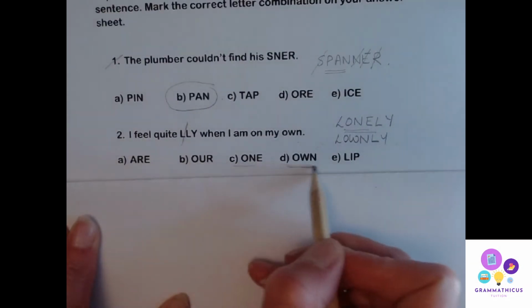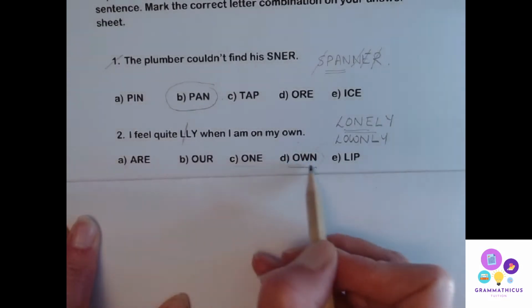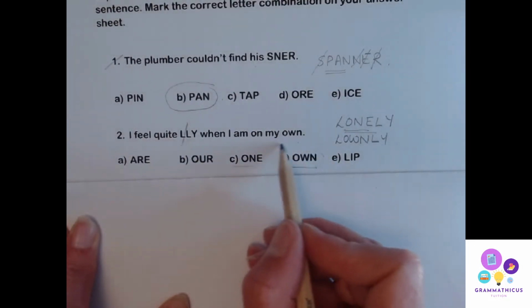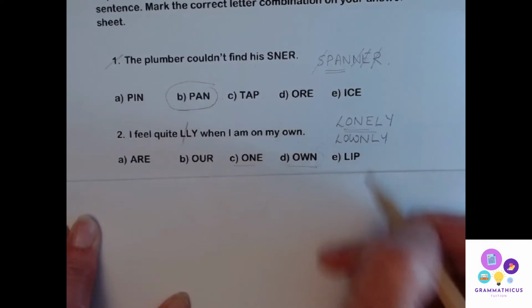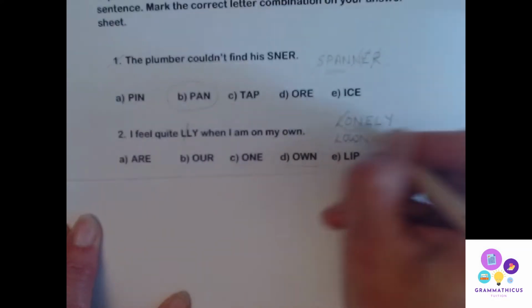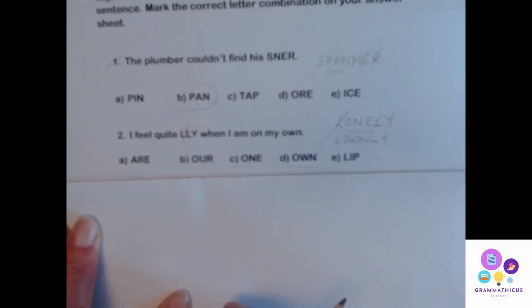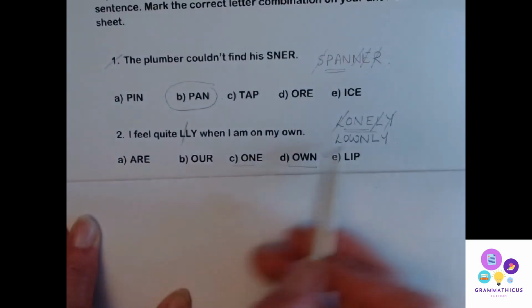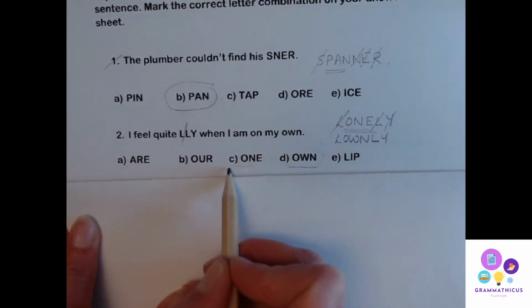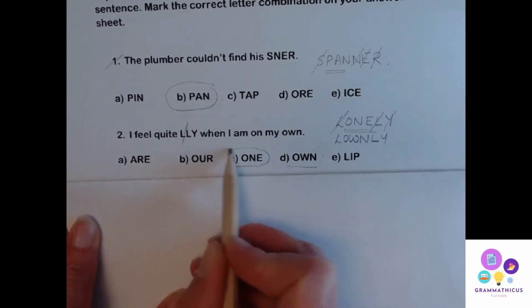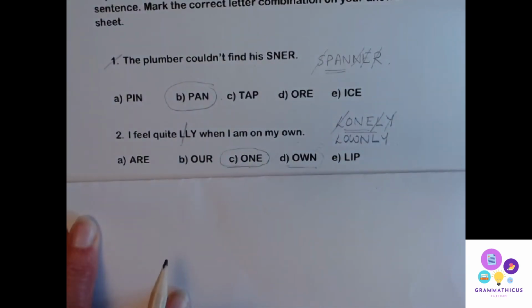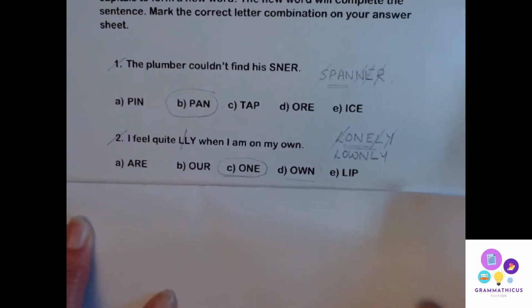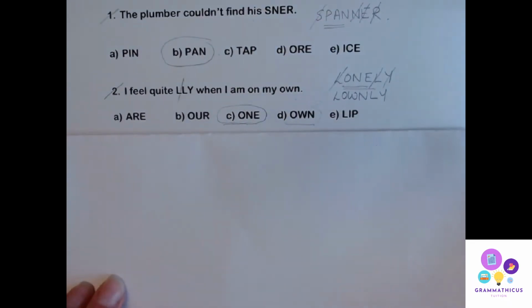Because we can see the word own there, and we could quite easily get drawn into that being the correct spelling. So it's always worth writing the word out, crossing out the letters that you've been given to check that you've chosen the correct word. When you've found the correct word, which makes the own sound in the word lonely, we can circle that, then mark that on our answer sheet and then cross it off. Okay, let's have a look at another question.